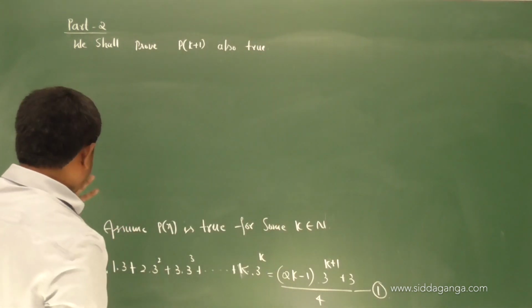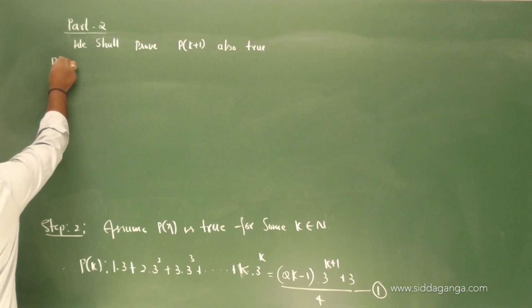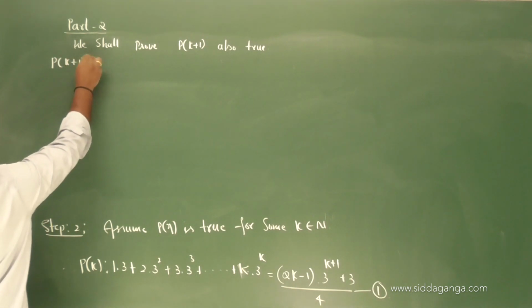Okay, so let me write P of k plus 1. It's very simple and it's an important step.